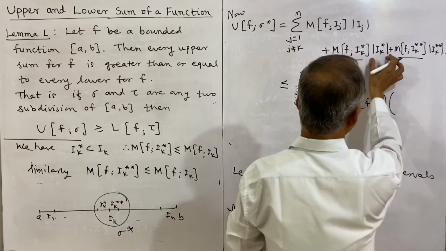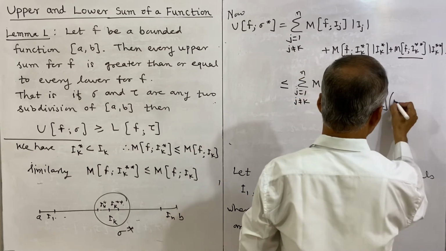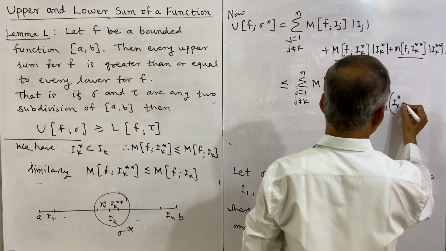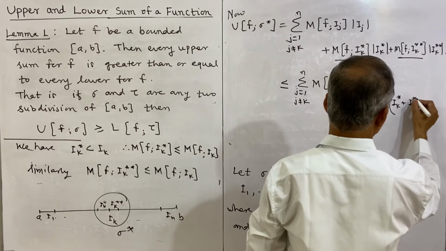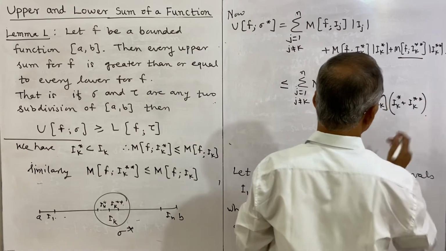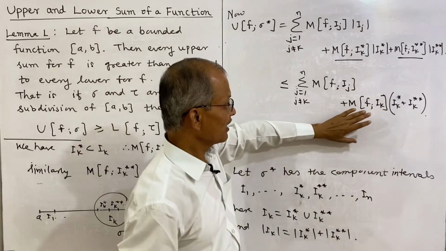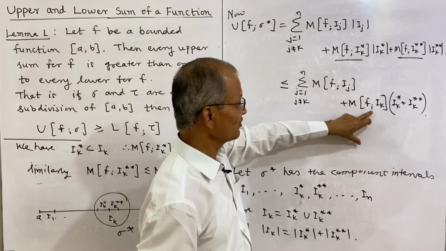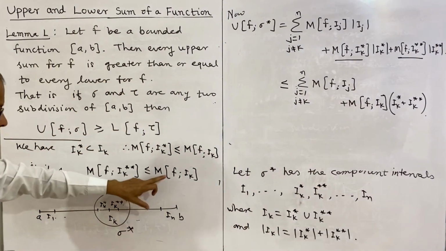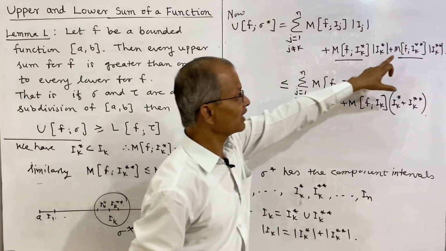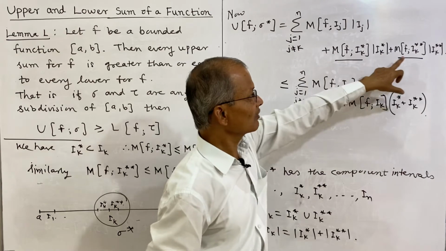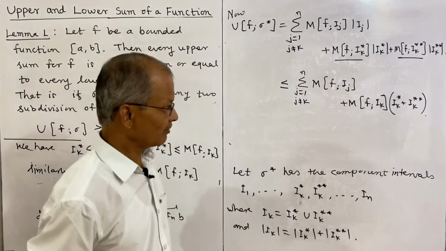In the bracket I shall consider the sum of Ik star plus Ik double star. It is taken common and replaced by the maximum value of f on Ik, because both are less than this, and the intervals are added in the bracket.